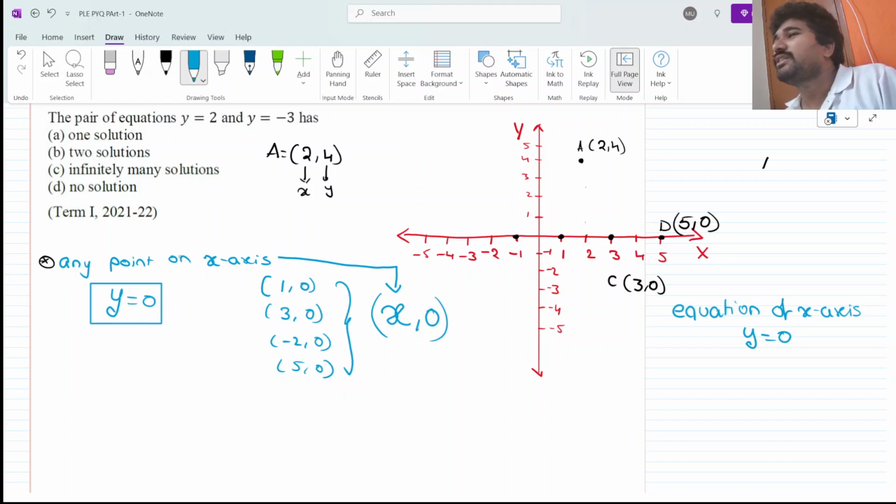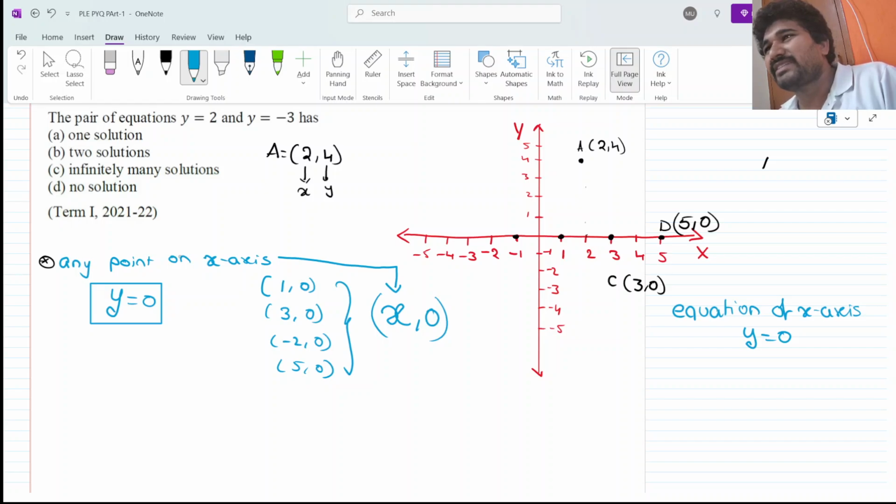Any point on the x axis, how will you represent? X, 0. I am very clear with my question. What is the question I asked?